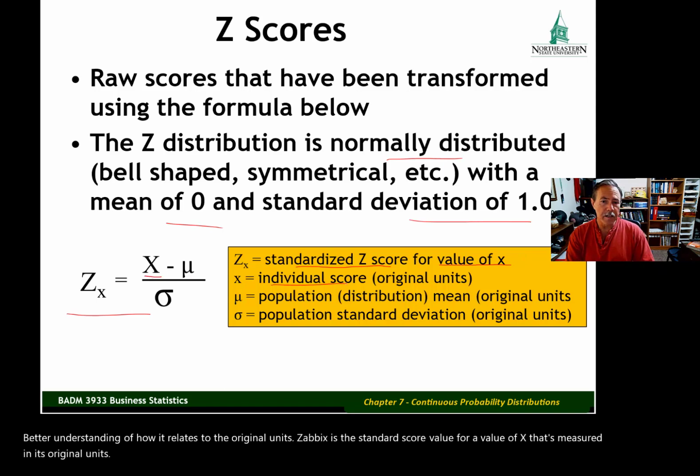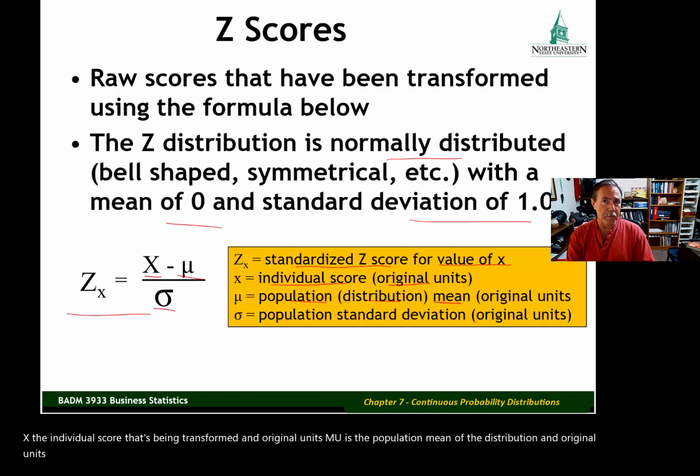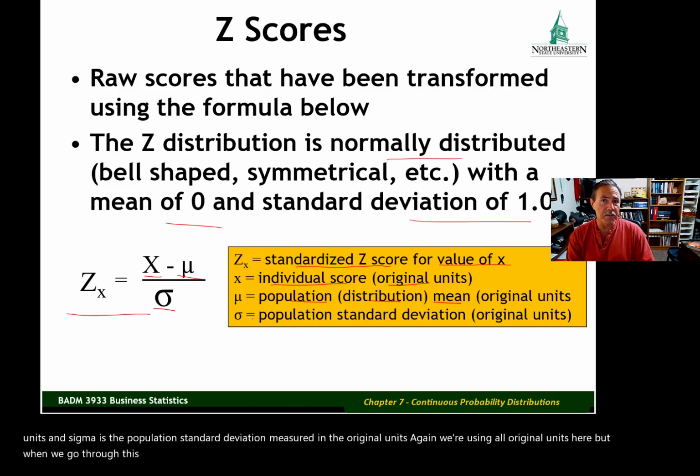X is the individual score that's being transformed in original units. Mu is the population mean of the distribution in original units. And sigma is the population standard deviation measured in the original units. Again, we're using all original units here, but when we go through this process, we're going to end up with a z-score that is the equivalent of the score in original units.